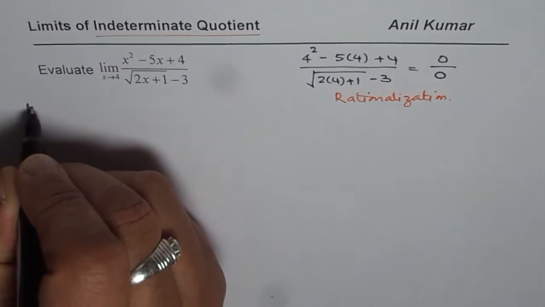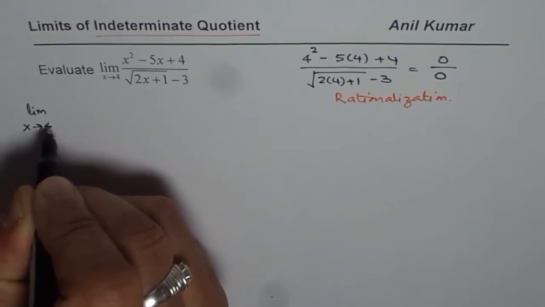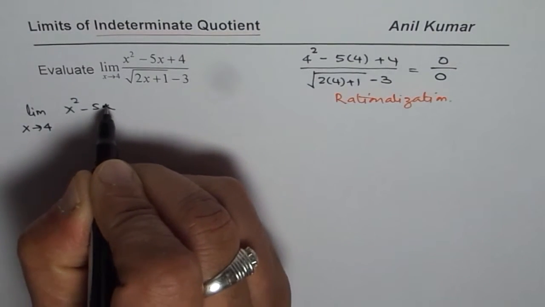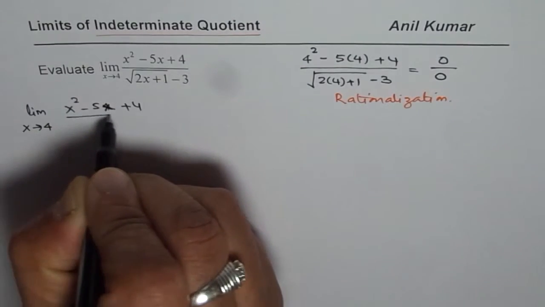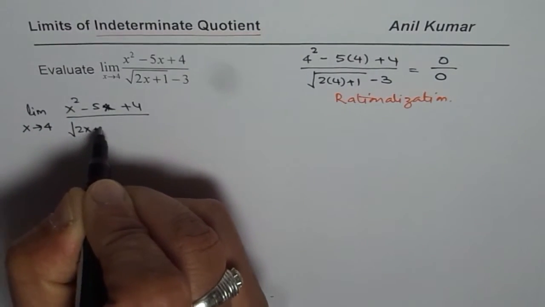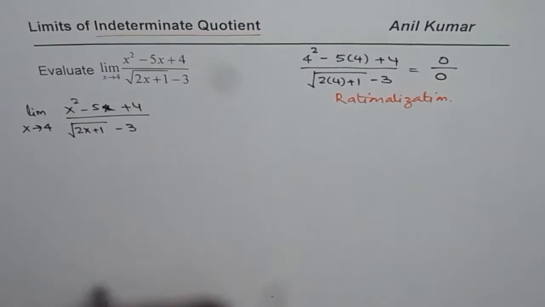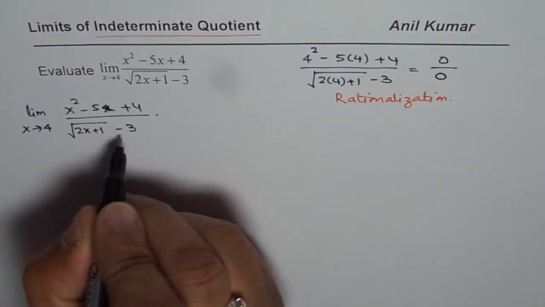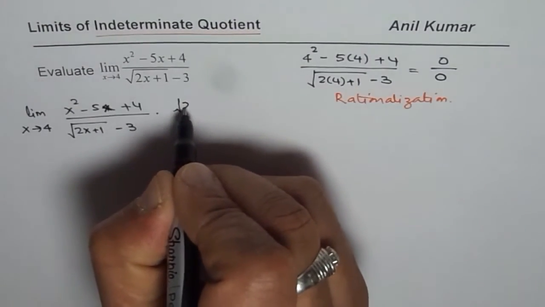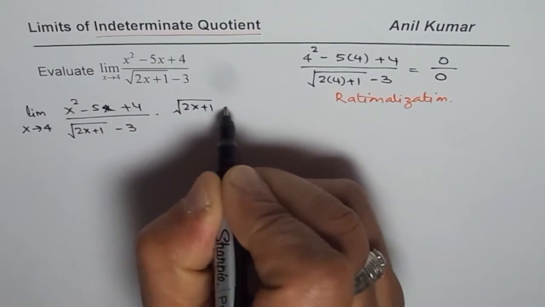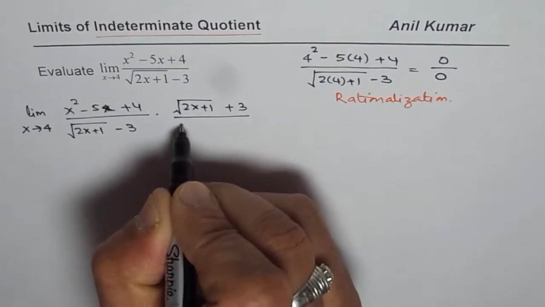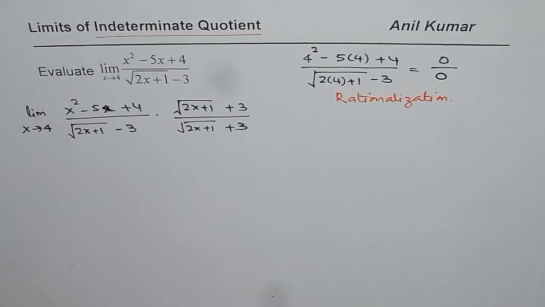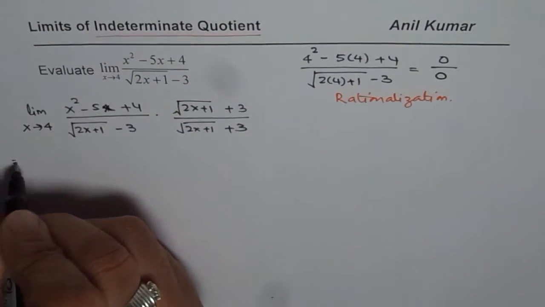We have the limit as x approaches 4 of x square minus 5x plus 4 divided by square root of 2x plus 1 minus 3. Now to rationalize, we will multiply and divide by the conjugate of this denominator. We are rationalizing the denominator, right? So we have square root of 2x plus 1 plus 3. That is what you multiply and divide by. Now once you do that, what do you get?